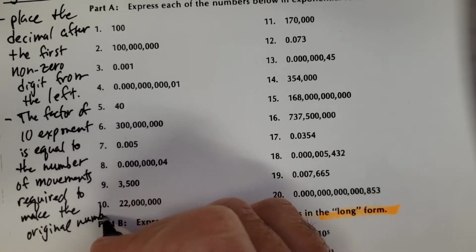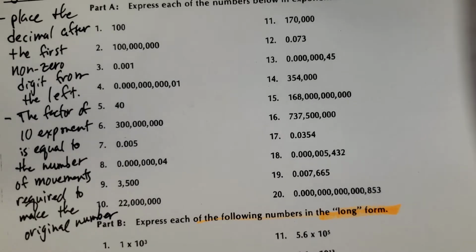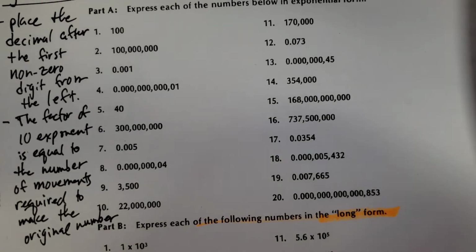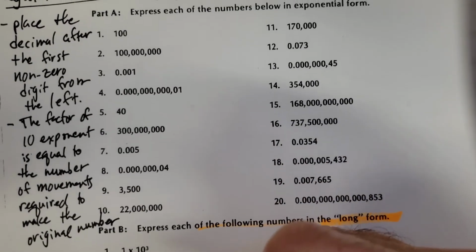So it's kind of a long-winded explanation, but that's how it works. So you look at, where do I need to move the decimal to get the original number? And of course, it really shows us doing a few examples.